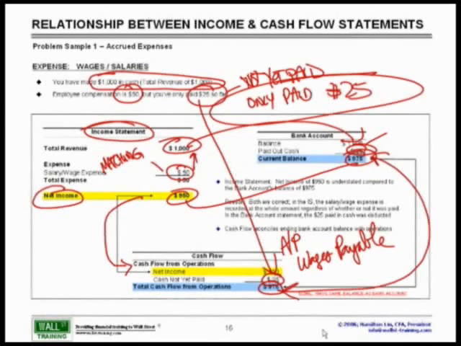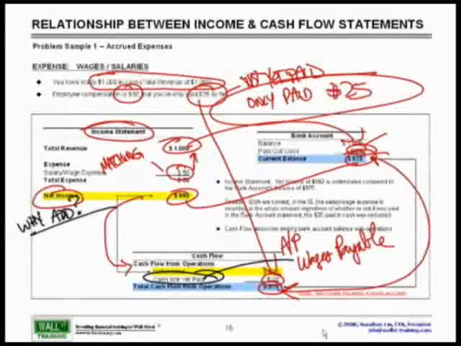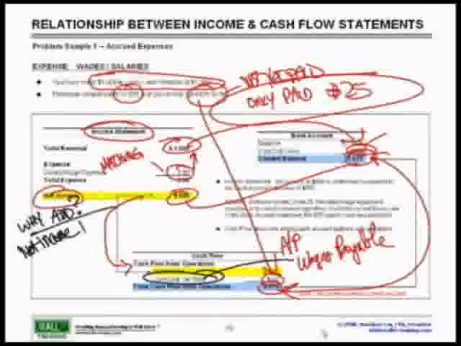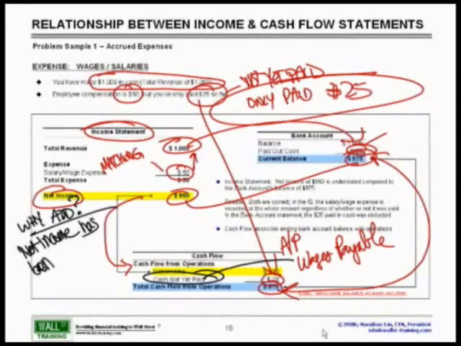Folks, the question I'm going to ask you is the following. Why is it that I will add the $25? Again, this is called wages payable. Why add and not subtract? The reason why we add and not subtract this $25 is very simple. Net income from the income statement has been understated so far. Why has net income been understated versus my cash position?